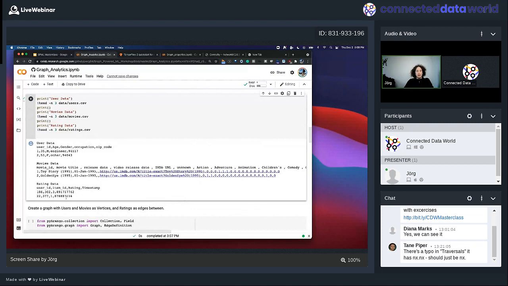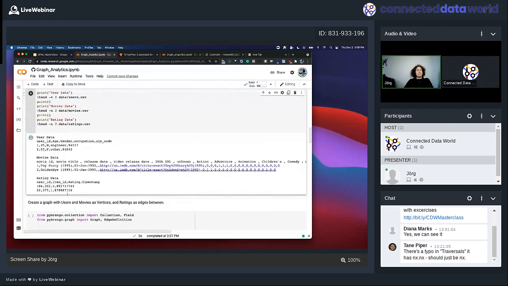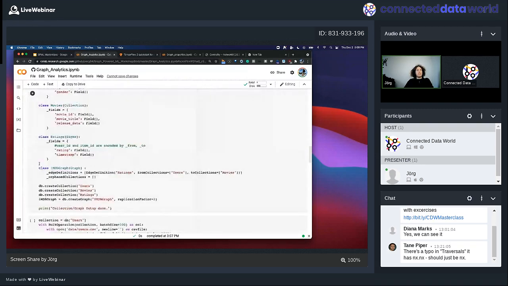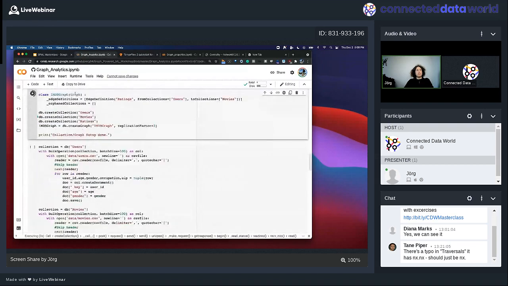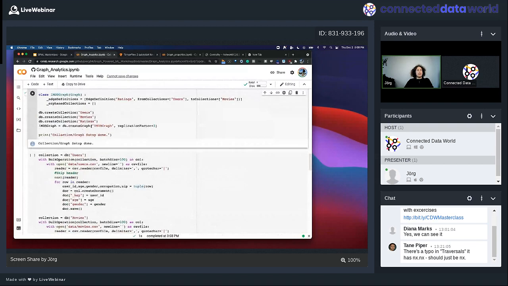This is a format, or a related format, by which we often get our graph data. And often this is one of the most challenging steps in actually turning your data into a graph. Here we do that by first creating our collections: a user, a movie, and then a rating collection for the edges in between.